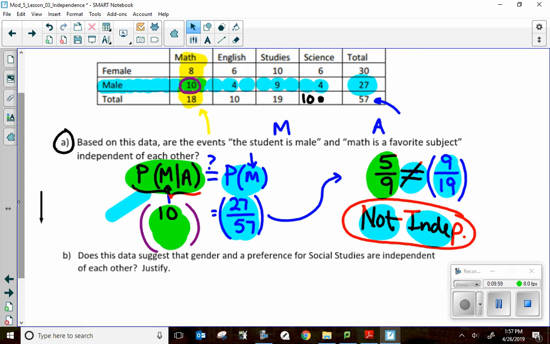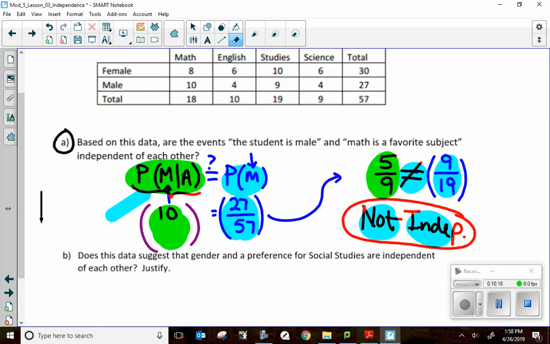I really can't scroll down anymore. I'm going to lose the table. B says, does this data suggest that gender and a preference for social studies are independent of each other? So let me erase all this. I've got to put my 10 back for science, but we really don't even use science here.